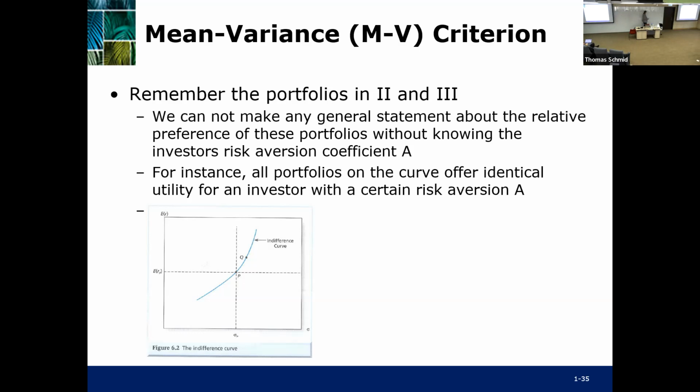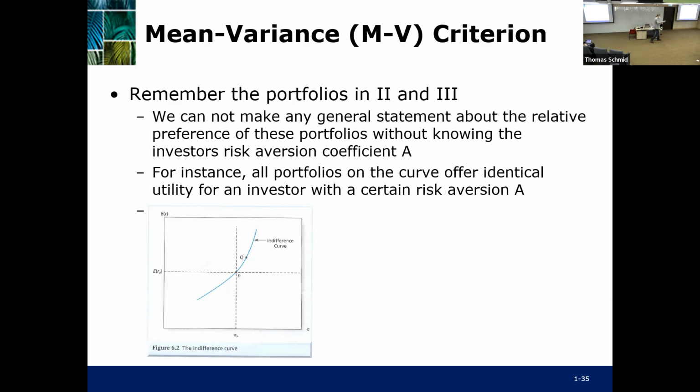How would the indifference curve for a risk-neutral investor look? Risk-neutral investor, how would the indifference curve look? It's a straight line, okay? No. What is the slope of the straight line? The risk-neutral investor does not care about risk at all, right?